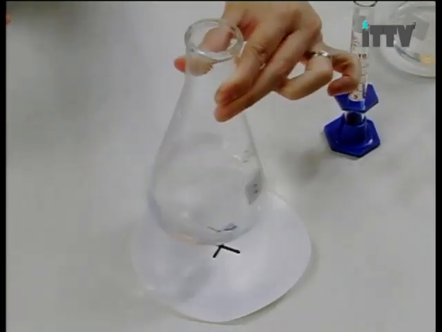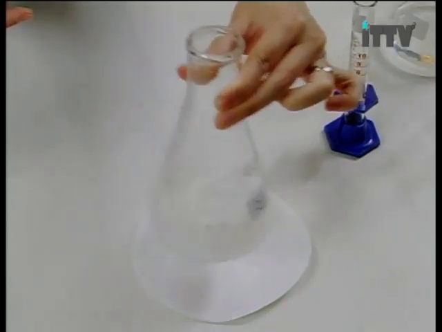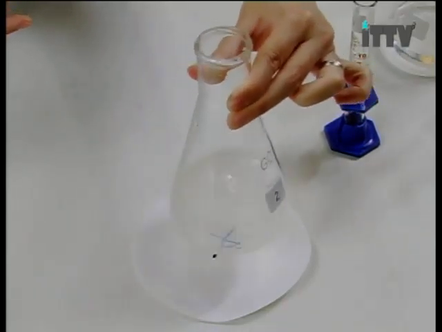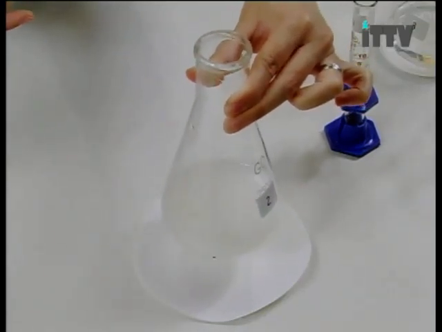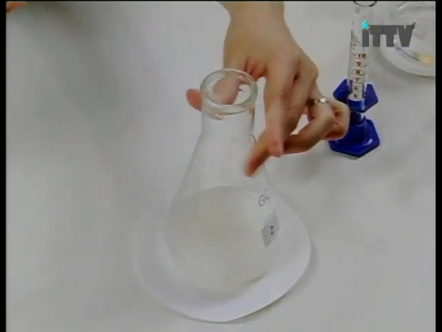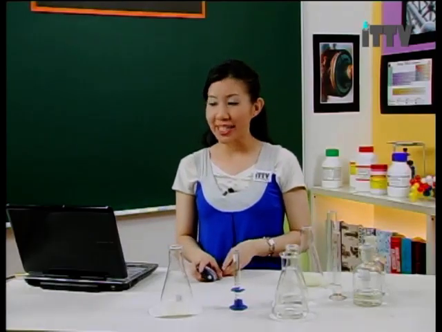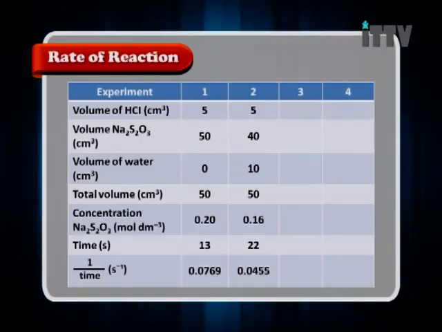The X is starting to disappear, as you can see. Slowly, slowly, but surely. Needs a little bit more time. And there. For the second experiment, it needs 22 seconds. So I'll key that into the data.